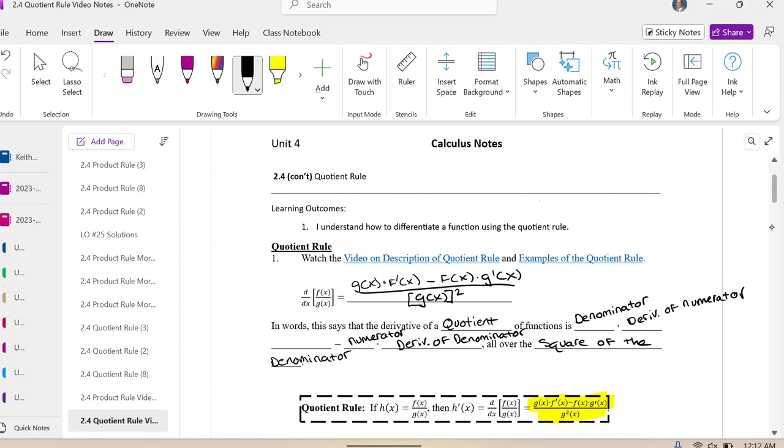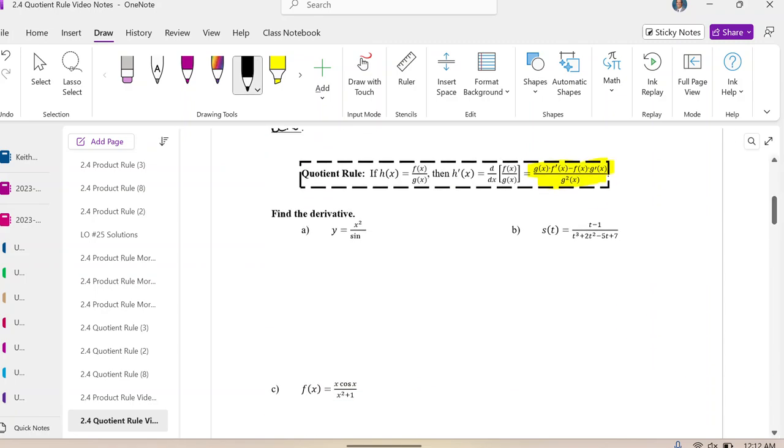So let's do some examples here. First of all, we have x squared over sine x. That means the numerator function is x squared and the denominator function is sine x. The derivative of the numerator is 2x, and the derivative of the denominator is cosine x.